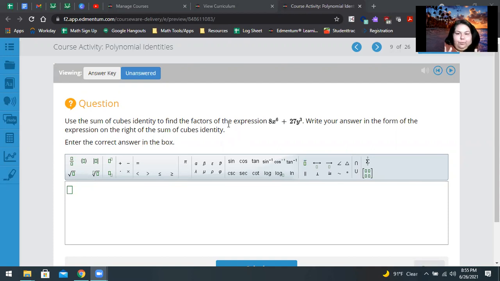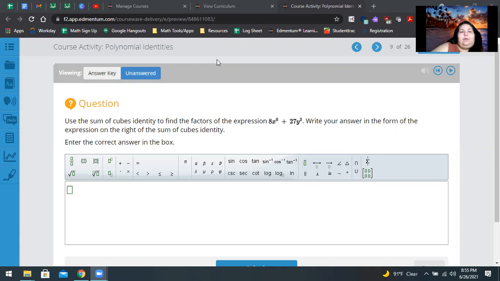Now, in the last example we just did, we expanded this one. Here it's already expanded. We're trying to factor it down. So write your answer in the form of the expression on the right of the sum of cubes identity. Okay.